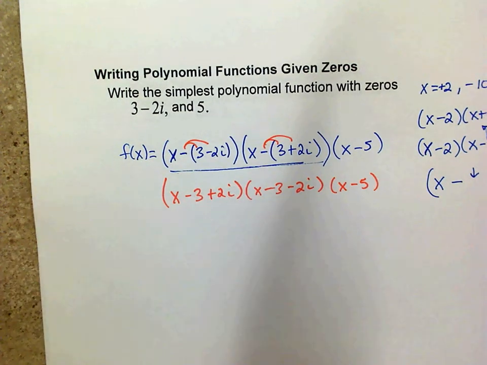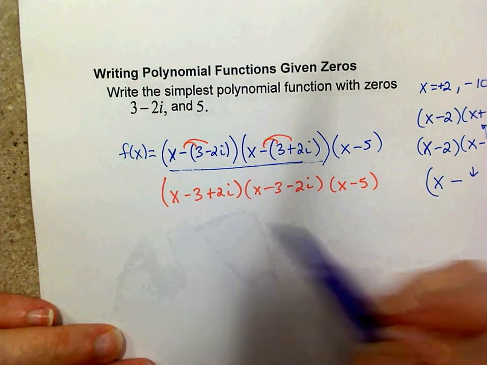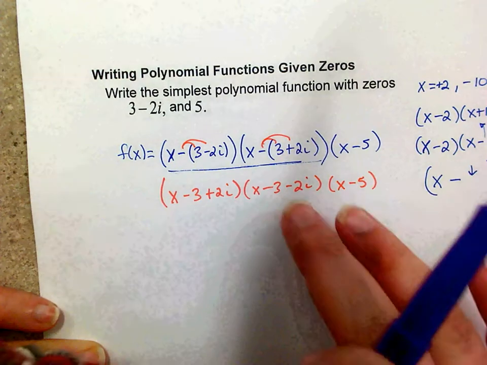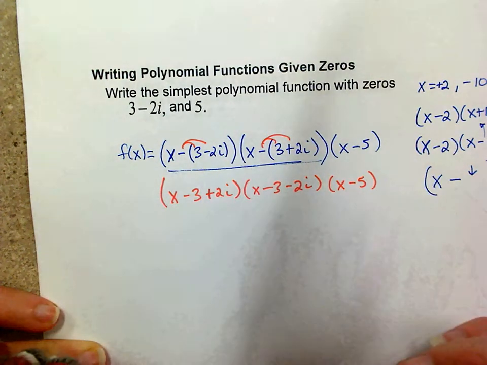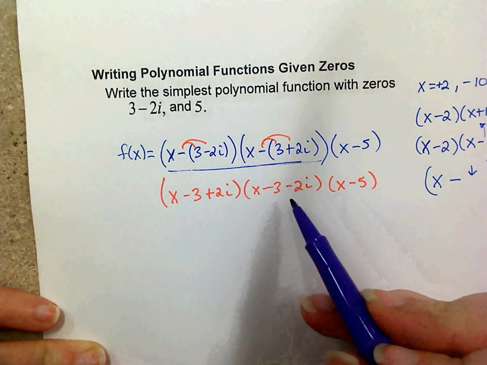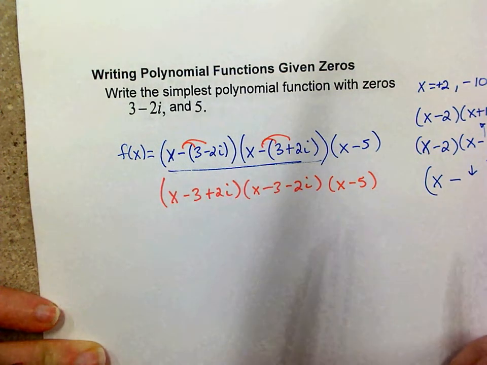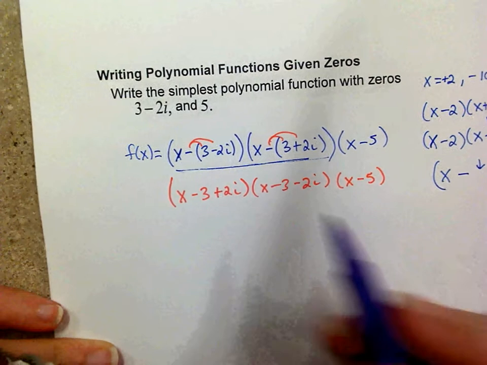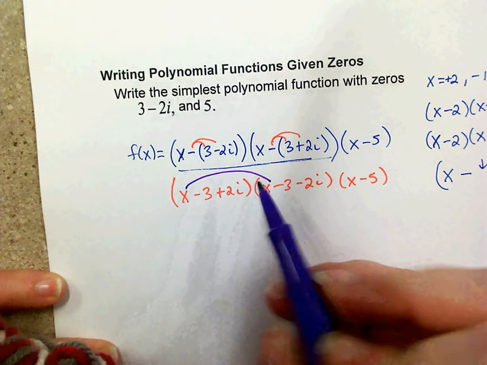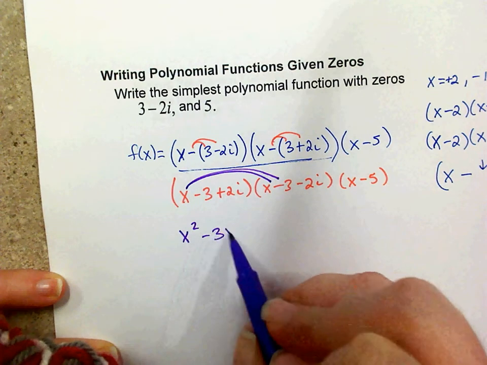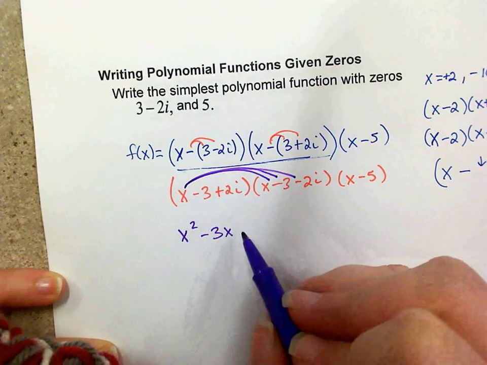Now you need to multiply it out, because I want the function in standard form, not factored form, which is what we're in right now. A bad idea would be to multiply these two together, because those terms will not simplify. But if you multiply these two out, you will no longer have any imaginary terms. So we'll distribute: x times x is x squared, x times negative 3 is negative 3x, and x times negative 2i is negative 2ix.